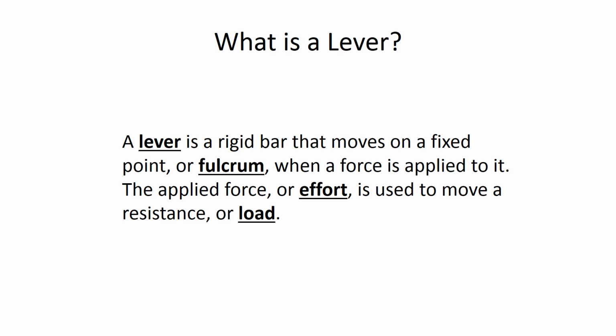And a fulcrum is when a force is applied to it. The applied force or effort is used to move a resistance or load. Now, there's different types of lever systems, and in the human body, the joints are the fulcrums, your bones act as levers, and your muscles provide the effort.